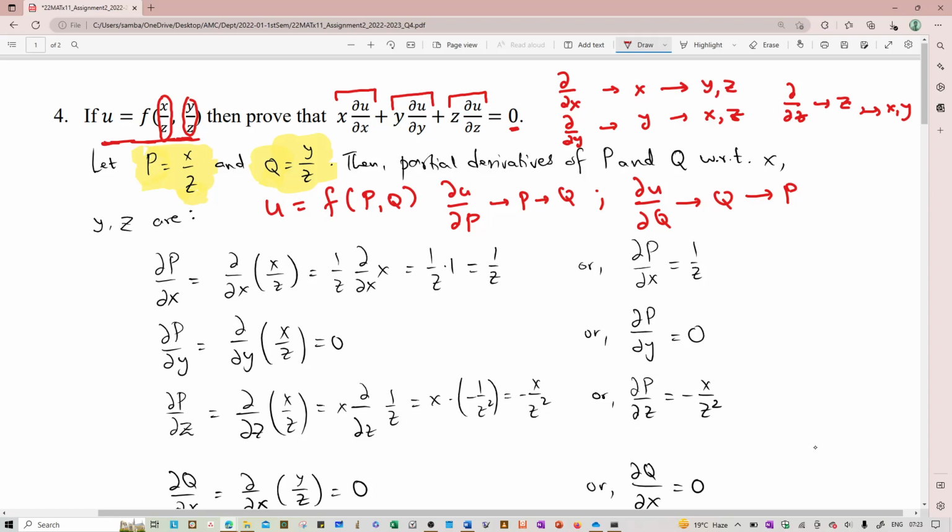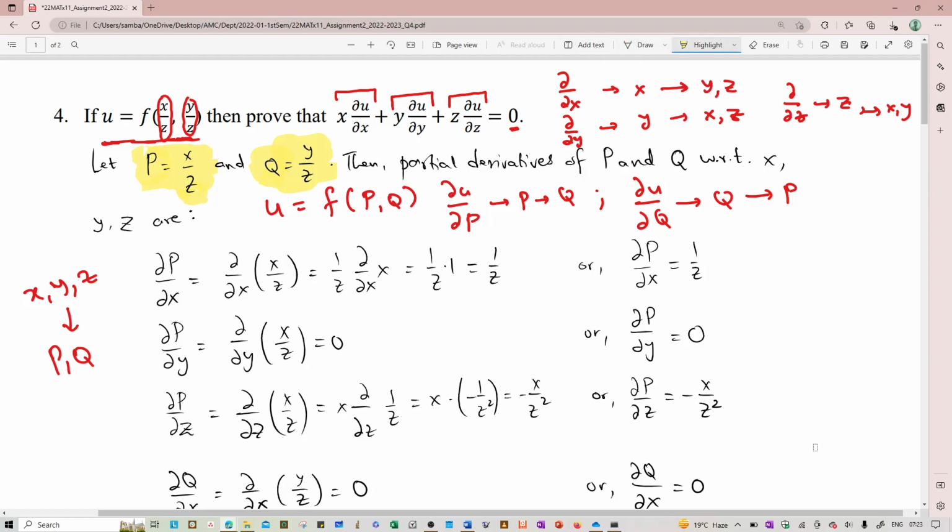Now, in order to proceed, since there is a change of variables from the x, y, z frame to p and q, we need to find out how these two sets of variables are related to each other.